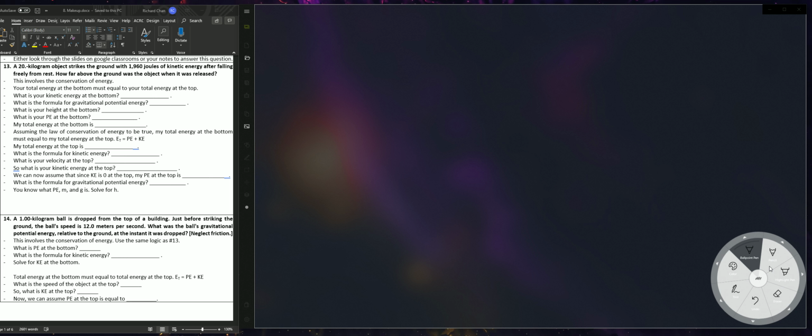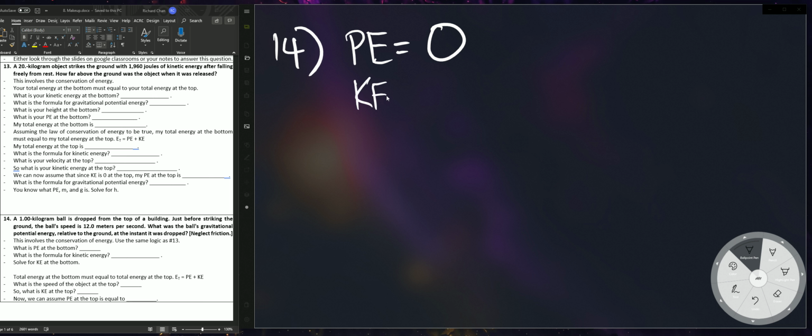I'm sorry, I got interrupted. Number 14. Again, this problem involves conservation of energy. So what is your potential energy at the bottom? If your height is 0, then your potential energy is 0. And what is the formula for kinetic energy? It's 1/2 mv squared, right?